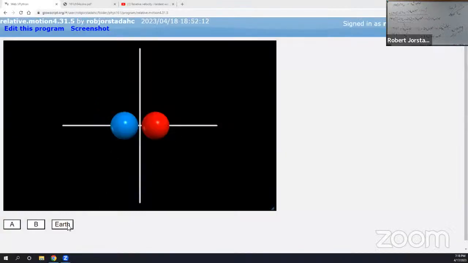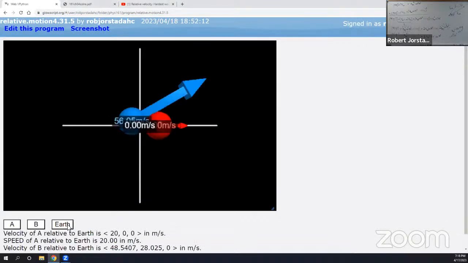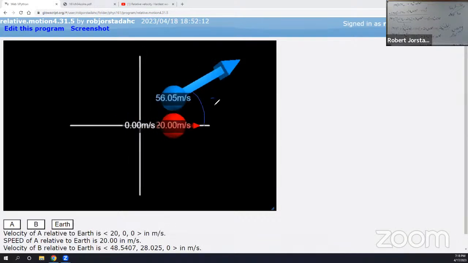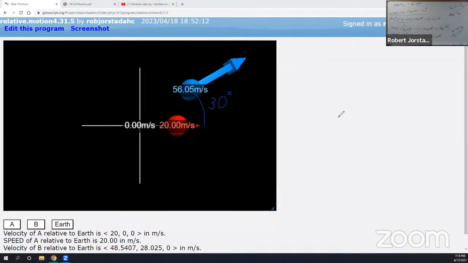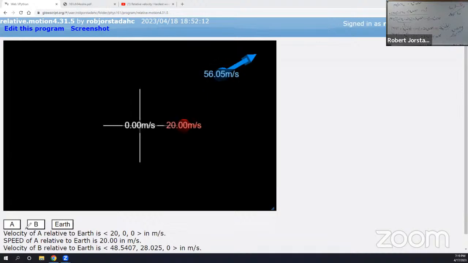So relative to the earth, this is what it looks like. Notice that I'm going to pause. This angle right here is the 30 degrees relative to the earth. Right now it's moving, and this is the velocity of the ball relative to the earth, which is 56. Let's clear that out and let's rerun it from A's perspective.